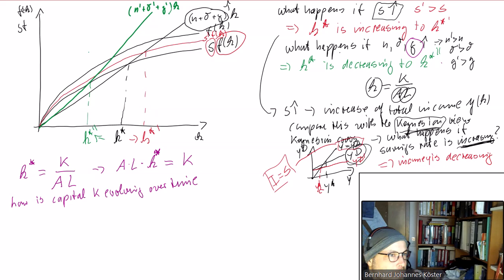For this, we just calculate the log time derivative of K. Remember this we have done in the macro course, and we have looked at the quantity theory of money. So what we do is ln of K equals ln of A times L times k star.